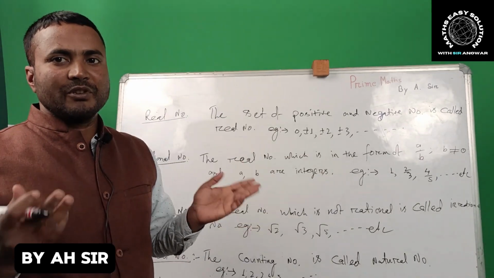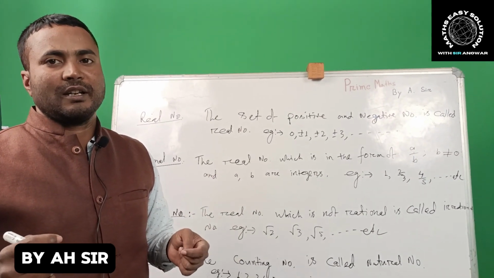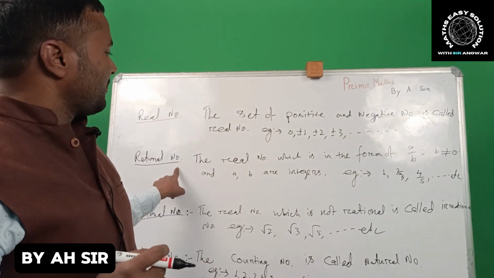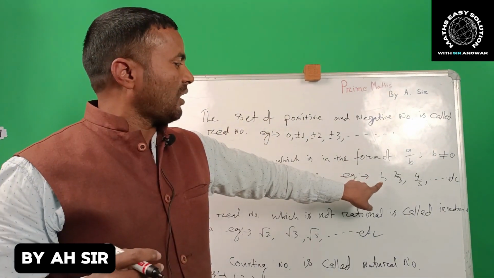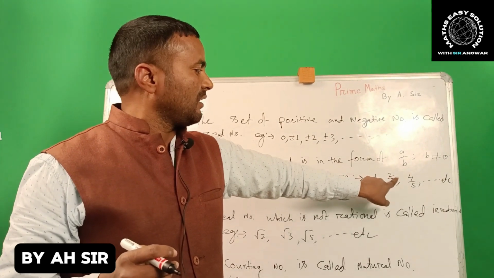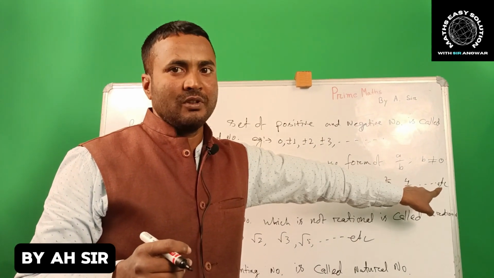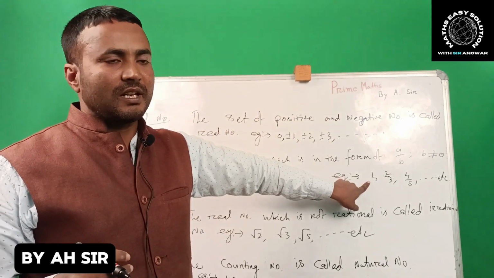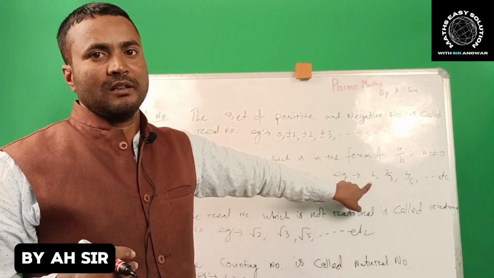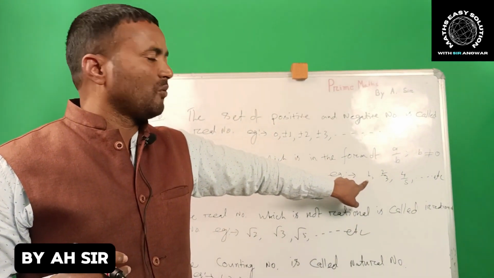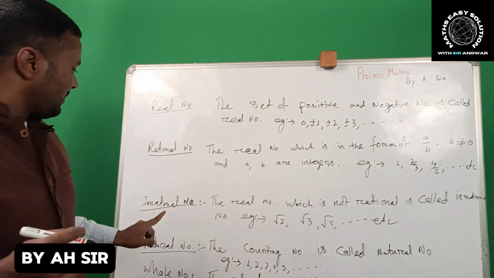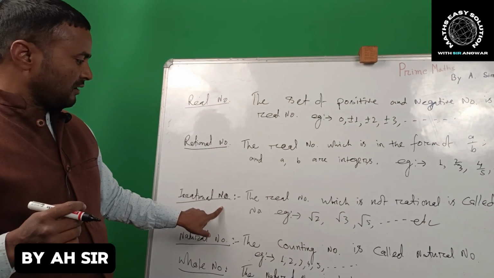Integers may be positive or negative, but b cannot be 0. Those are called rational numbers. Examples: 2 by 3, 4 by 5, and so on. I have given 1 as well, because 1 is considered as 1 by 1. Sometimes the denominator is 1 and it is not written. So remember that.